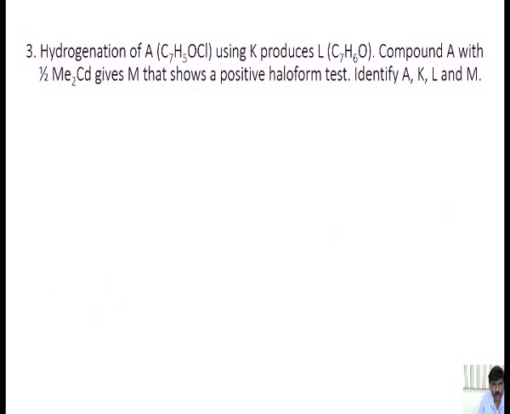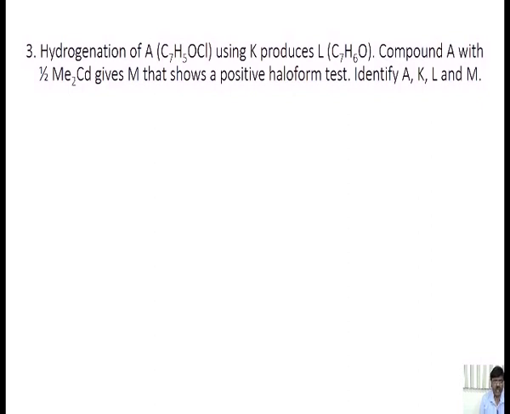Hydrogenation of compound A having molecular formula C7H5OCl using K produces L, molecular formula C7H6O. Compound A with dimethyl cadmium gives M, that shows a positive haloform test. Identify A, K, L and M.